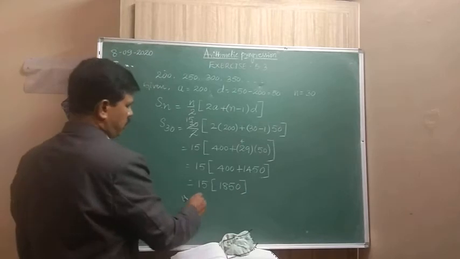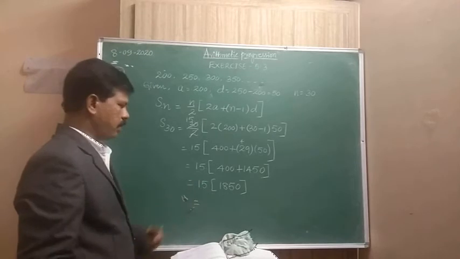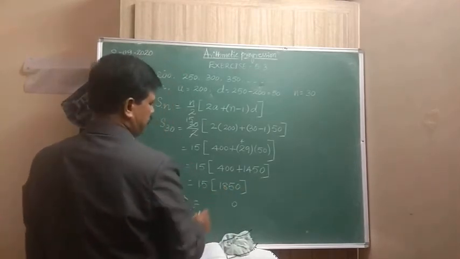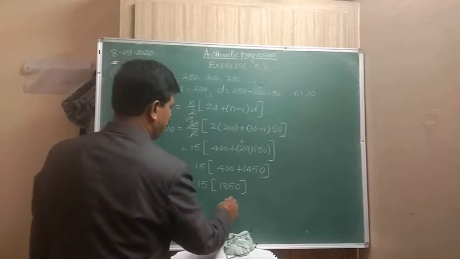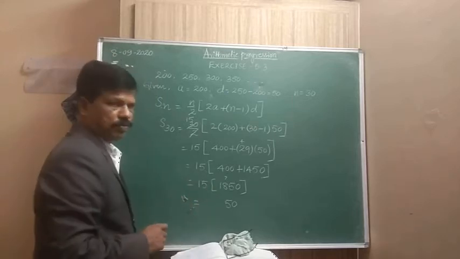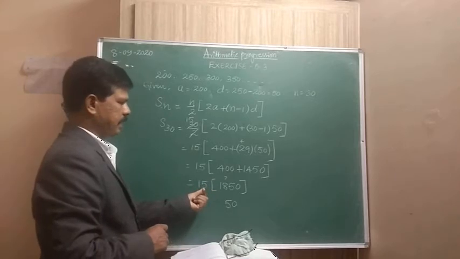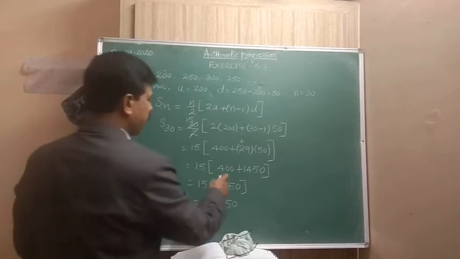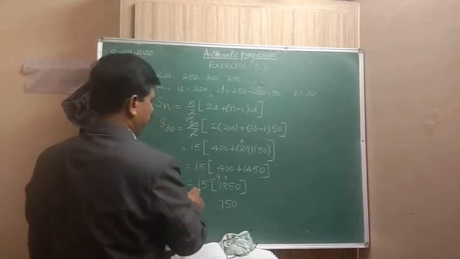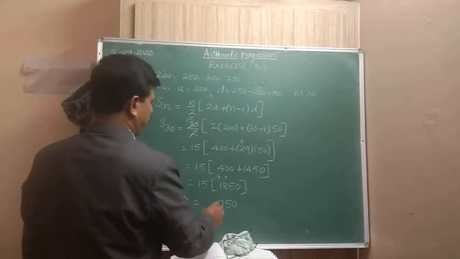Now multiply this 1850 into 15. 15 0s are 0, 15 5s are 75, 5 carry 7, 15 8s are 120 plus 7, 127, carry 12, 15 1s are 15, 15 plus 12, 27.